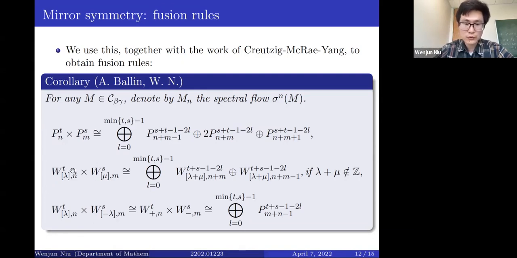And similarly, the fusion of W lambda and W mu gives me different W's if lambda plus mu is not in Z. But when lambda plus mu is in Z, or when I have the situation where I have lambda and minus lambda, then their fusion product gives me P. So these P's sort of look like projectives, but each of them is not really projective.